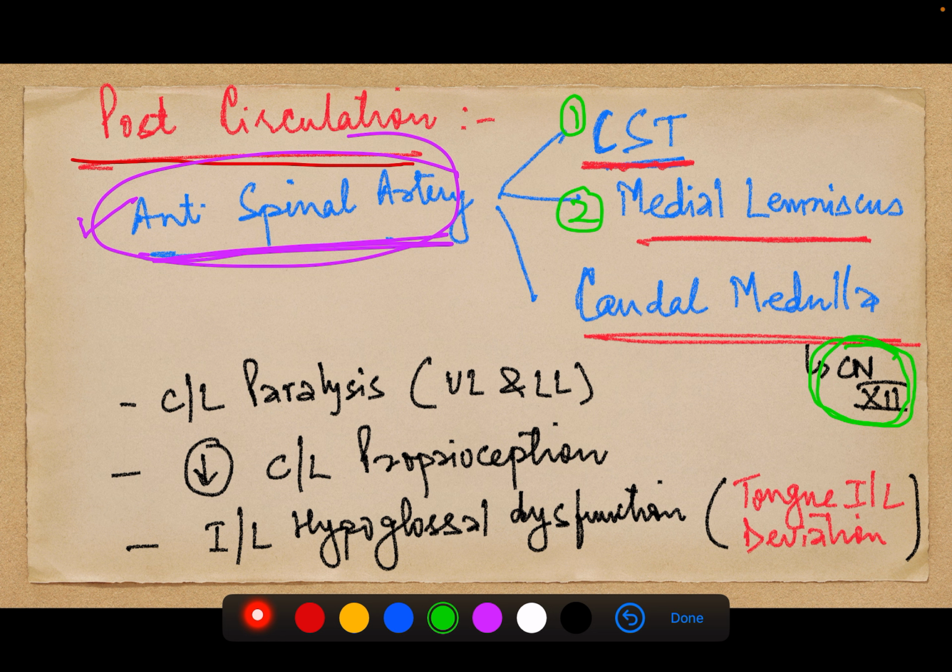So there will be symptoms which affect the corticospinal tract. Corticospinal tract means there will be contralateral paralysis of upper limb as well as the lower limb because of the entire half of the body, right? Medial lemniscus, what is the medial lemniscus?